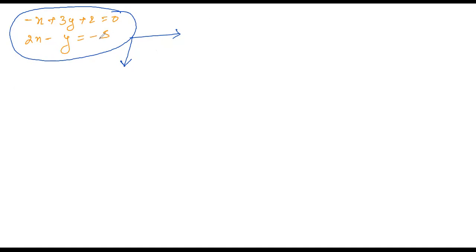Why am I saying this? Because over here, both equations are written in different ways, and we have to make a particular uniform condition. So we can write minus x plus 3y plus 2 equals 0, keeping the first equation as it is, and the second equation as 2x minus y plus 5 equals 0.